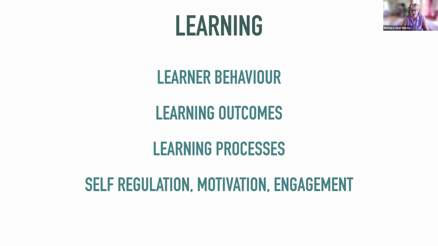We can also talk about self-regulation, about motivation, about engagement. So in learning analytics, we find projects looking at all of these different sorts of things because it's really hard to actually find out what learning is. And we really look at these other kinds of aspects in the majority of our cases.